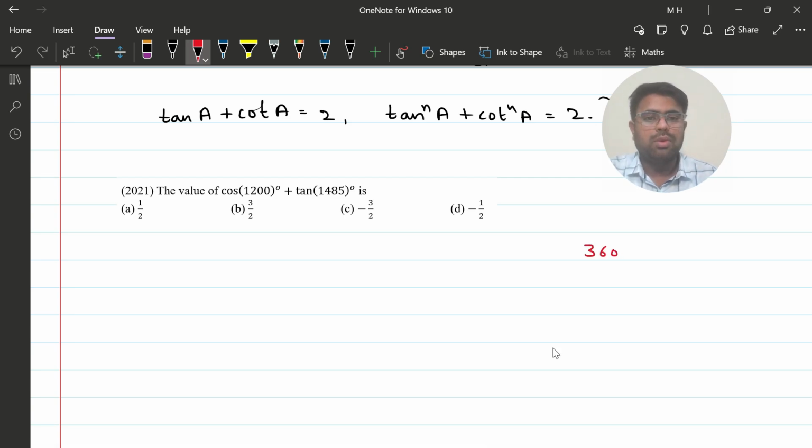Suppose, let's say, find the value of sine of 405 degrees. It's obvious that we don't know, right? So what we can do is write this down as 360 plus 45 degrees, right?